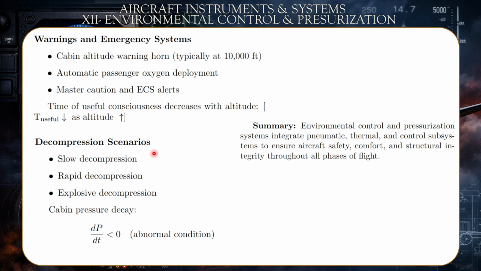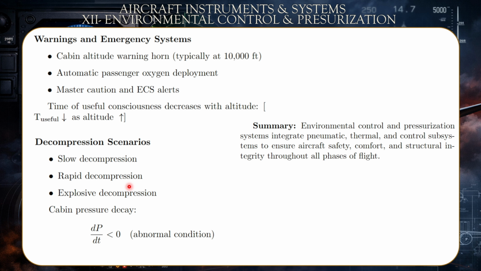Decompression scenarios. You have a slow decompression. This is usually when you have a small leak or crack within the airframe. So it would start manifesting as a small depressurization of the cabin, very gradual, very slow, and very minimal, so it would be like a small leakage.